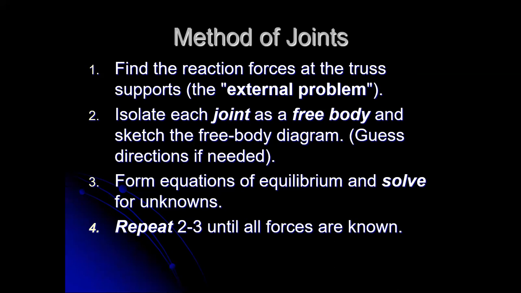Basic rule of thumb in method of joints is if you have n joints in the problem, so if you have 5 joints, 10 joints, 12 joints, however many joints you've got, you're going to need to do n minus 1 free body diagrams of joints in order to solve the truss. So in the problem we're working on right now, we've got 3 joints. We're going to need 2 free body diagrams. We're going to do the analysis at 2 joints in order to get everything we need to know.